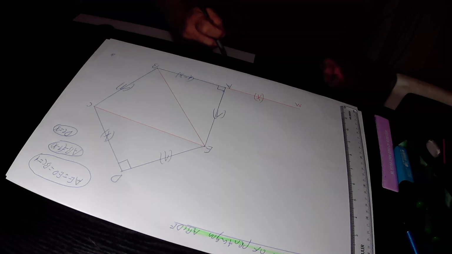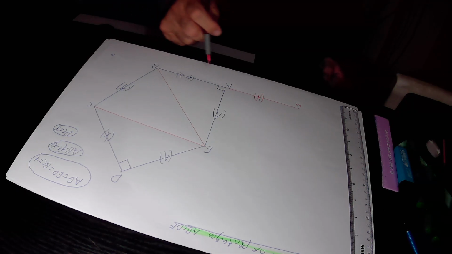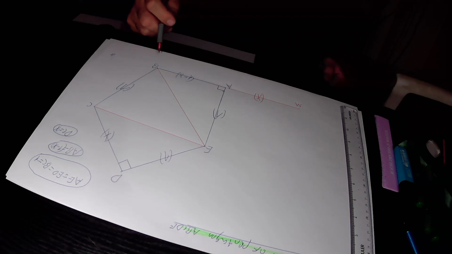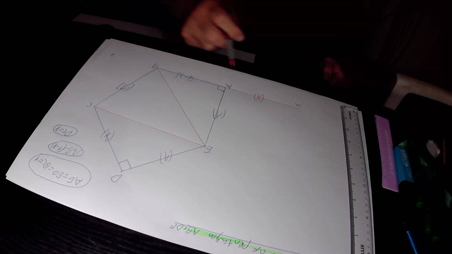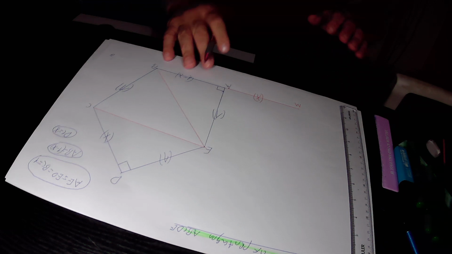AB is one side of the pentagon ABCDE, it is absolutely a straight line. We extended the straight line BA by a straight line and we got BM. When we extend the straight line by a straight line, the result BM is also a straight line.